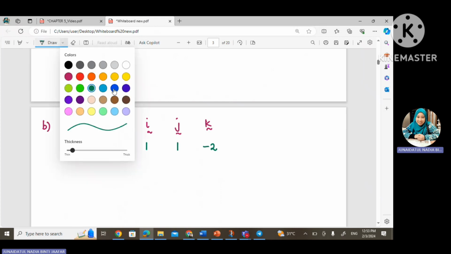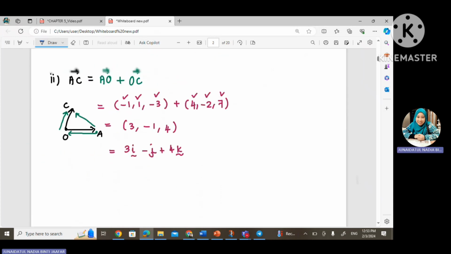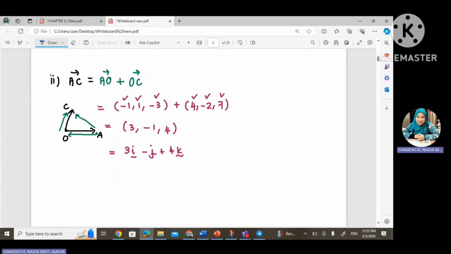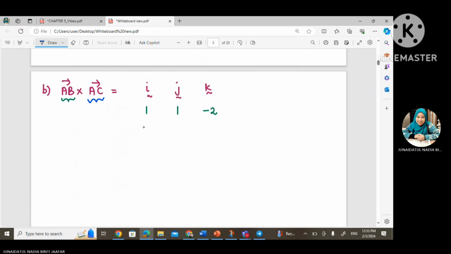Then we substitute vector AC, which is 3i minus j plus 4k. So we must find the cross product of these two vectors.